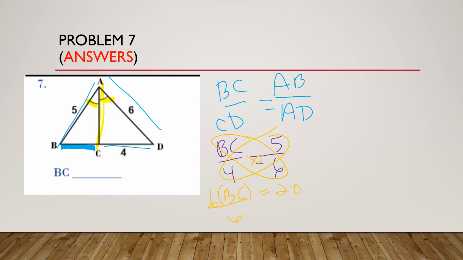Solve for BC, divide both sides by 6. And we have BC is equal to 20/6. We could simplify that fraction by dividing them both by 2, and that would give us 10/3. If you did turn it into a decimal, it'd be 3 3/10, repeating.